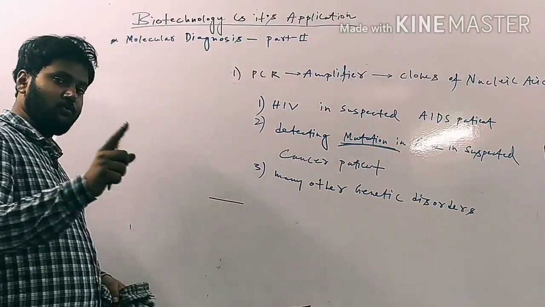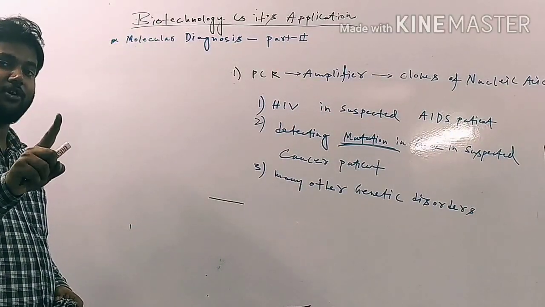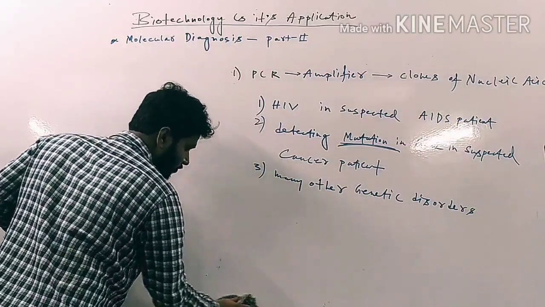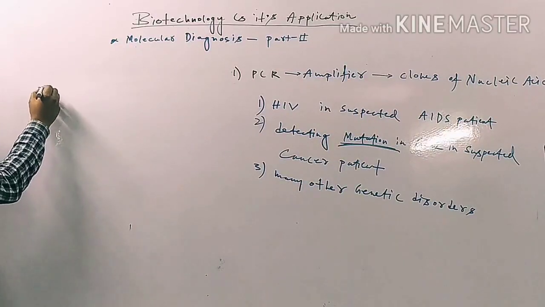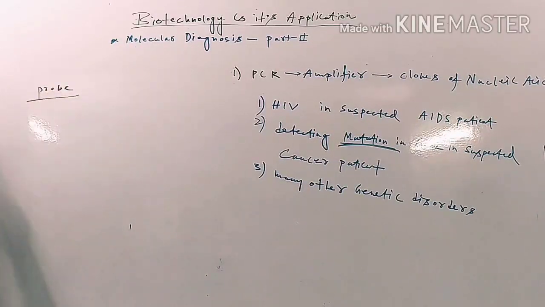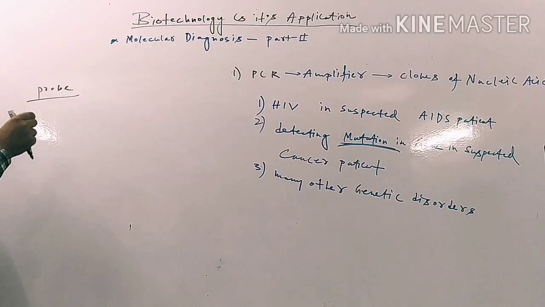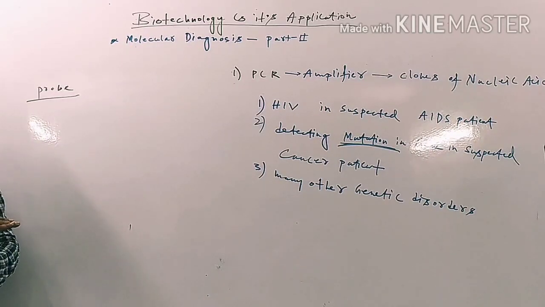So for detecting, we have to take the help of a probe. Let us discuss what a probe actually is. A probe may be created with any molecule, but in this chapter and particularly in this topic, we will discuss the probe with respect to nucleic acids only.